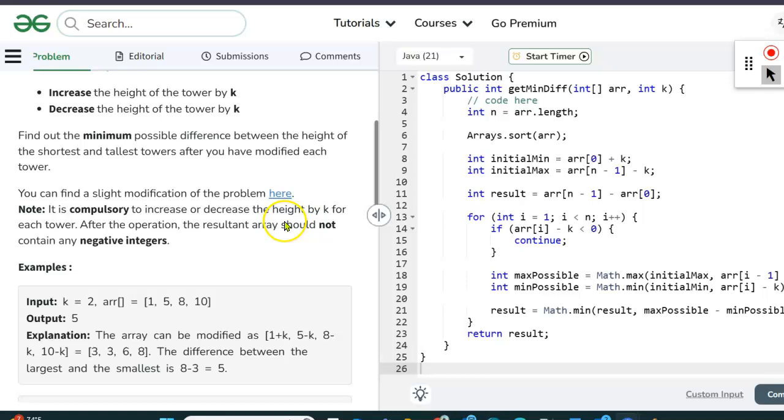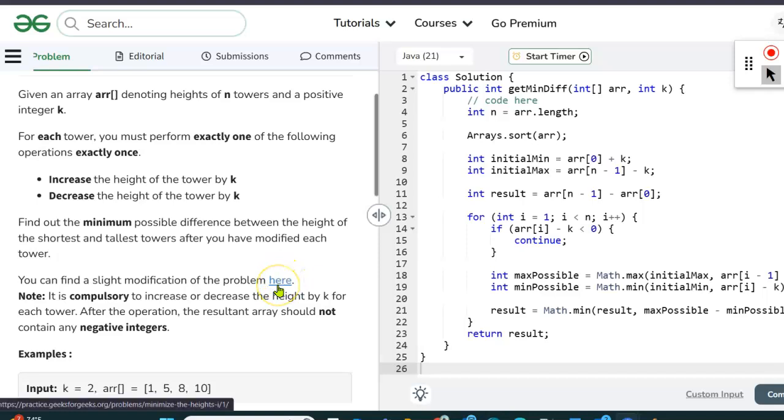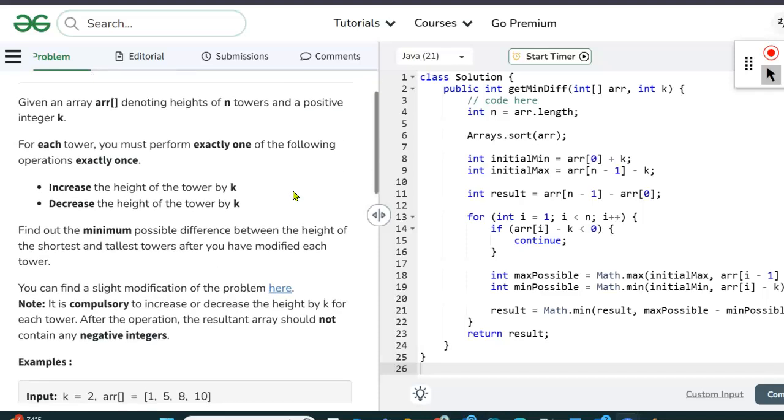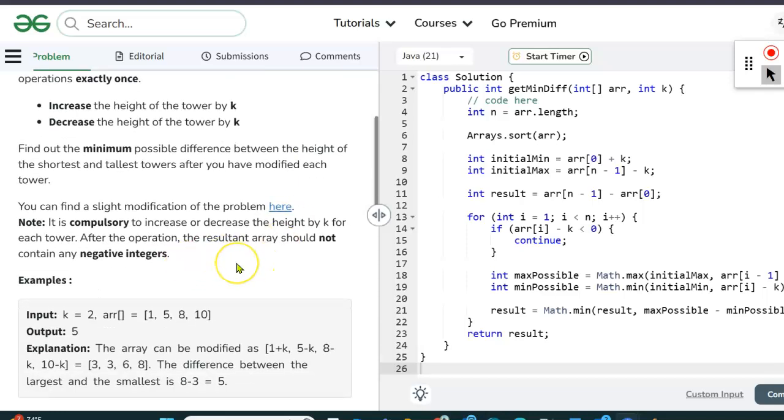You can find a slight modification of the problem here. Okay, yeah, spoiler alert, that is Minimize the Heights 1. And really, the only difference, I think, is that, well, let's read the note here. It is compulsory to increase or decrease the height by k for each tower.